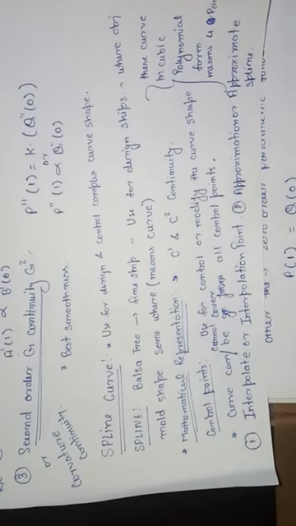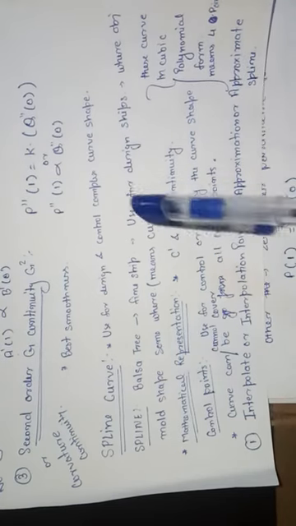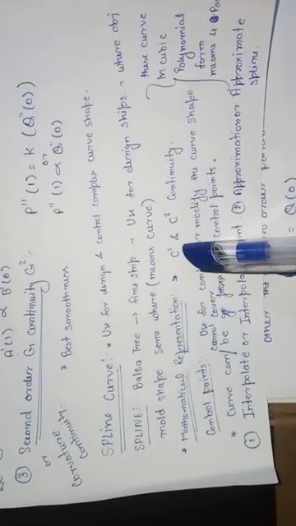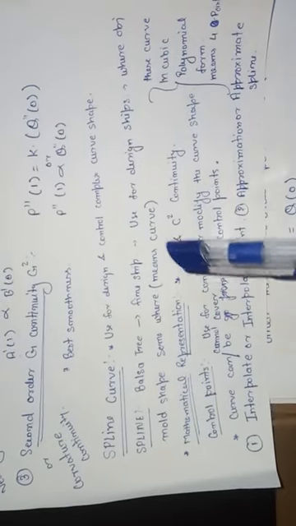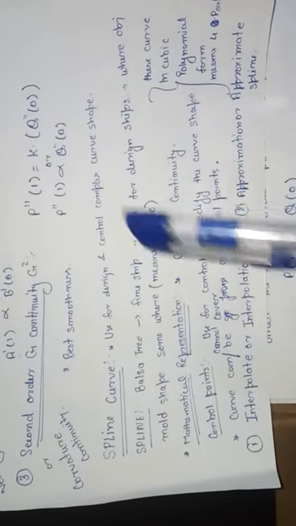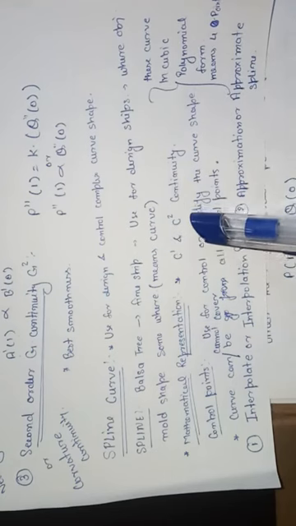Parametric continuity is denoted by C. If an equation follows first order parametric continuity, it is shown as C1, and if the equation follows second order parametric continuity, it is denoted by C2.